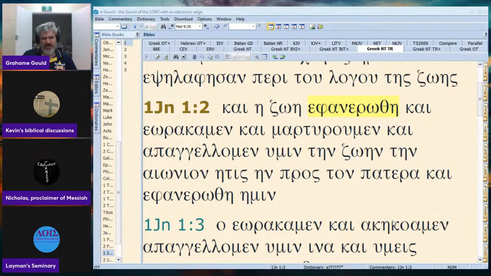Aetus ein pros ton patera. I assume that's father? Kai ephenerothe, that's the same word from up there again. Amen. So pros is something like towards, isn't it?